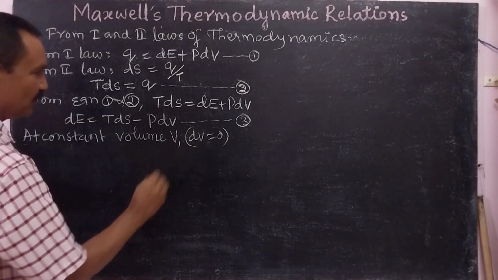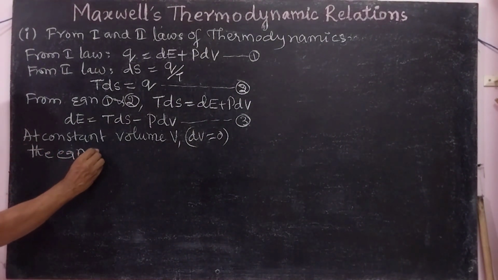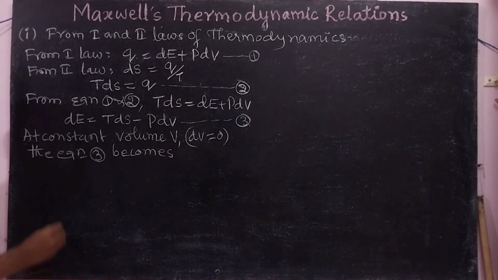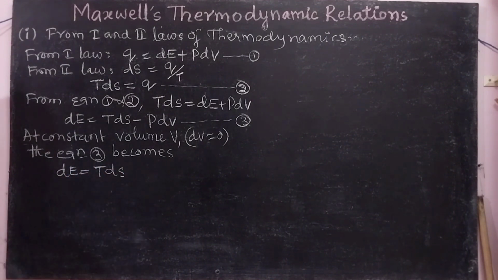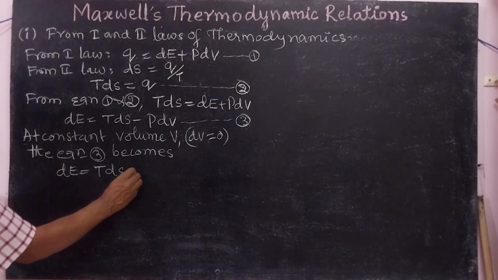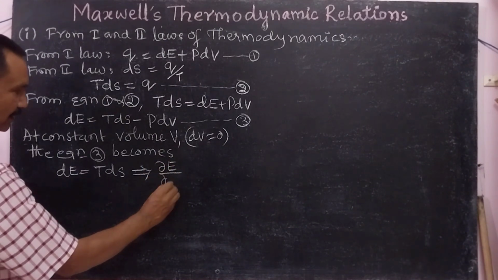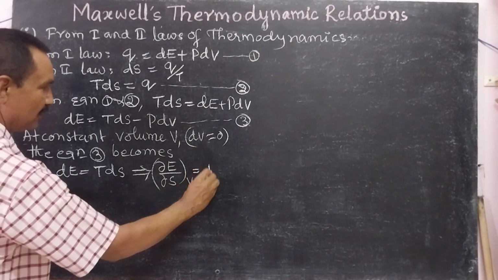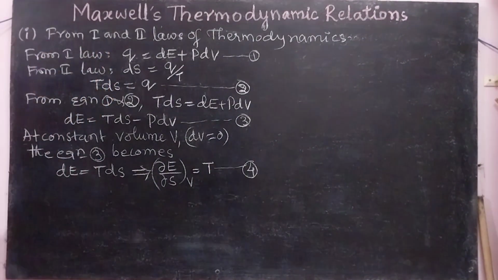Then equation 3 becomes dE equal to T dS. The same can be rearranged as dou E divided by dou S at constant V is equal to T. So this is equation 4.